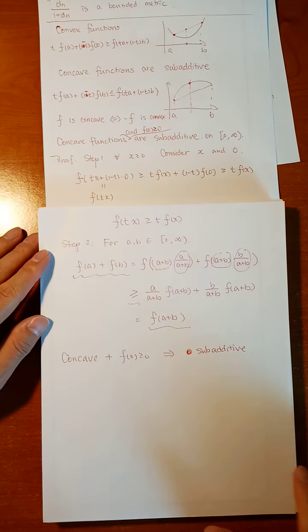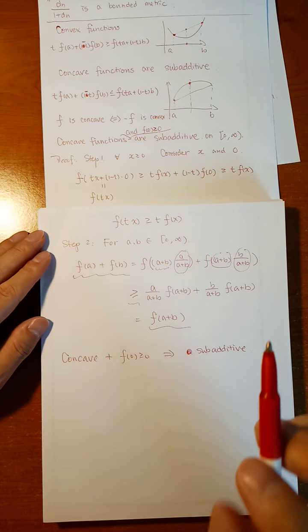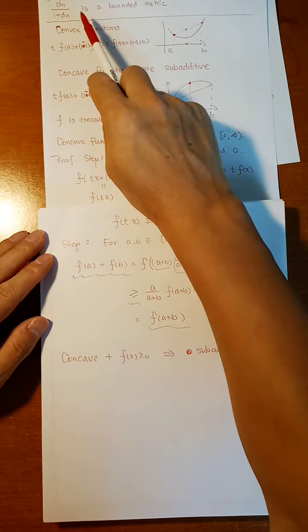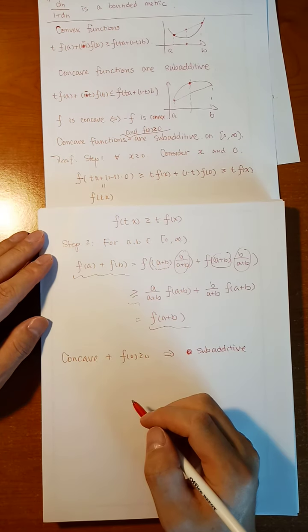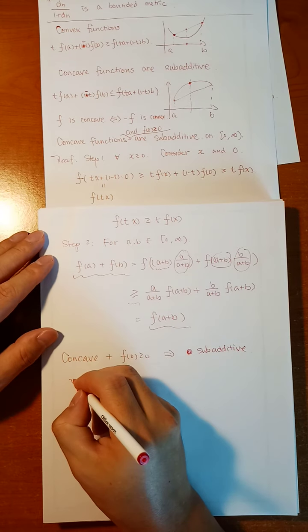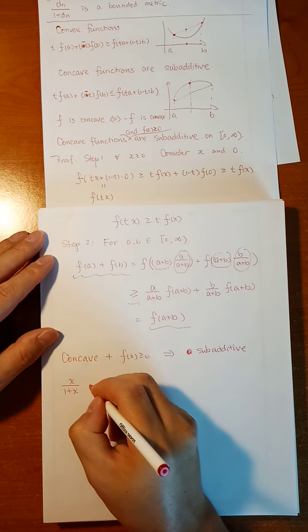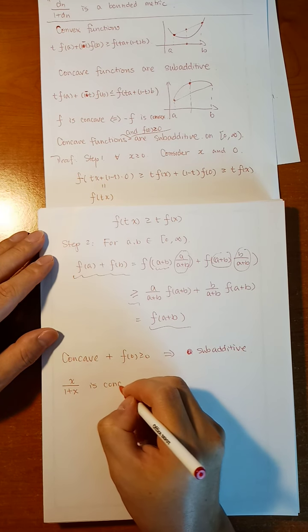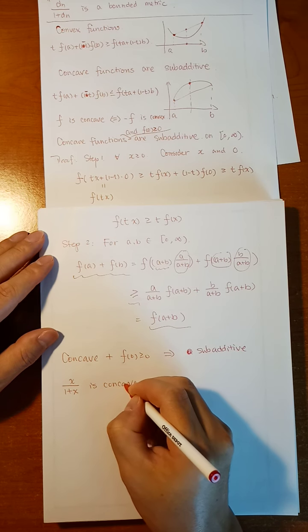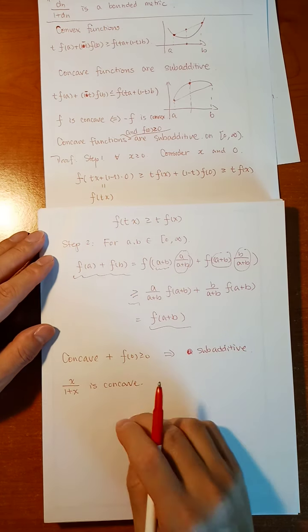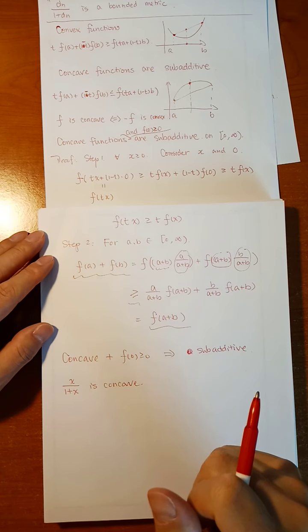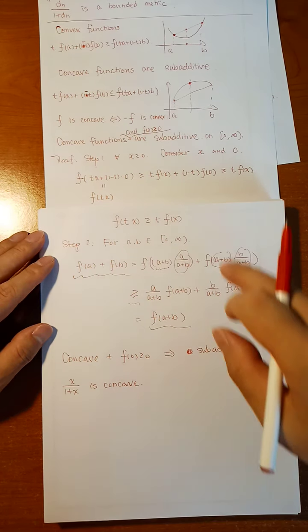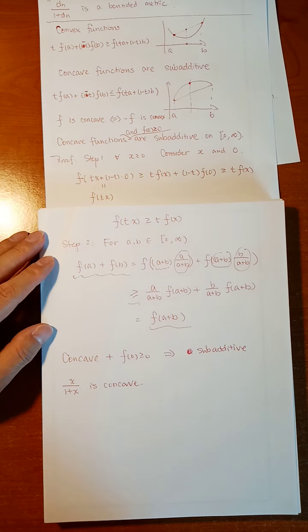All right, so that's the condition, and you can check that this function x over 1 plus x is concave. It is concave. And also remember that for a convex function, if the function is differentiable, the derivative is increasing.